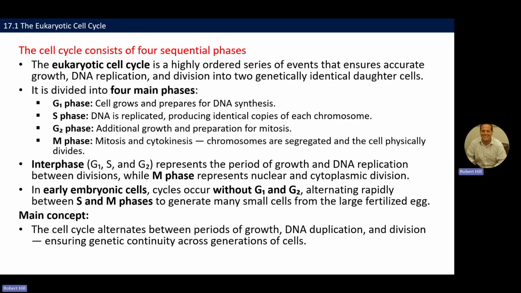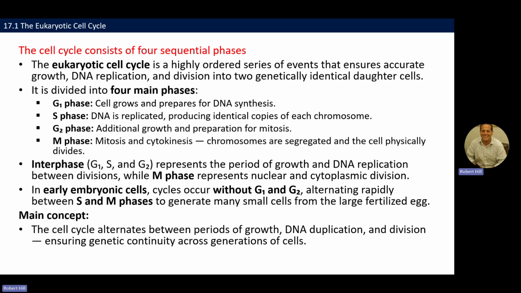So together, G1, S, and G2 make up interphase, the period of metabolic activity between divisions. In contrast, M represents the very short, dramatic events of how the chromosomes segregate and the cytoplasm and cells divide.